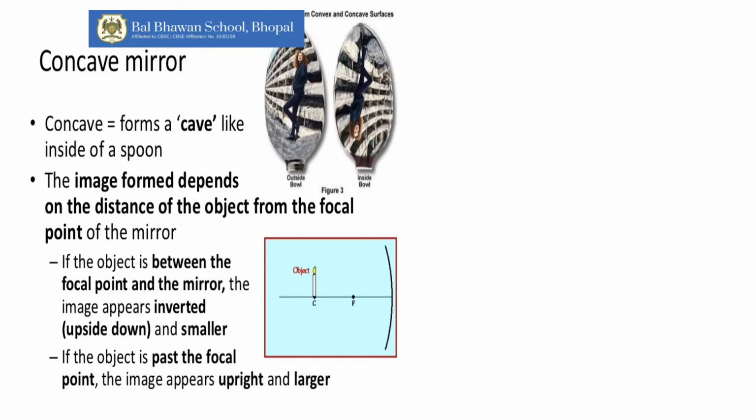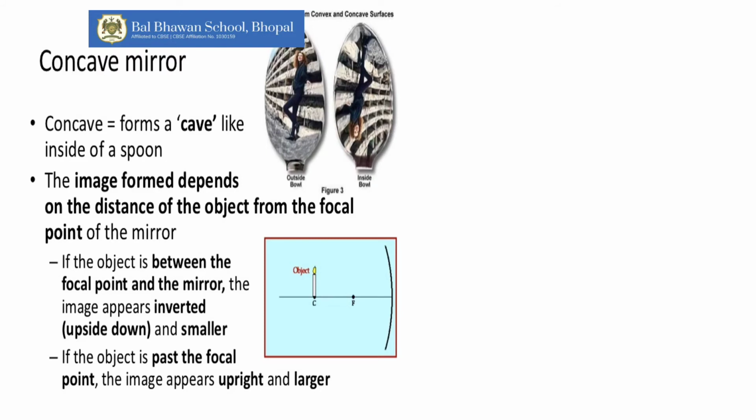Now, let us see what type of image is formed by a concave mirror. Concave, as the name suggests, cave, means it forms a cave-like structure inside of a spoon. The image formed depends upon the distance of the object from the focal point of the mirror. In case of a concave mirror, a real, inverted, and diminished image is formed when the object is at a distance from the mirror.